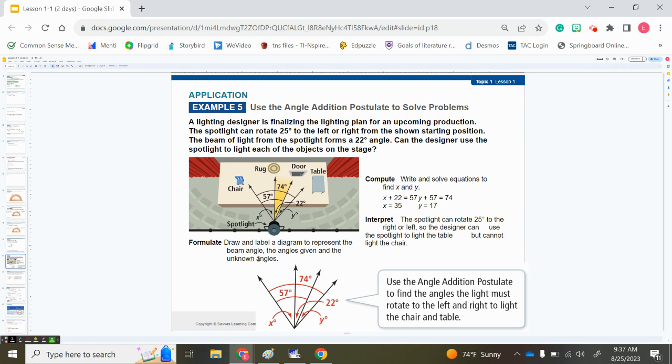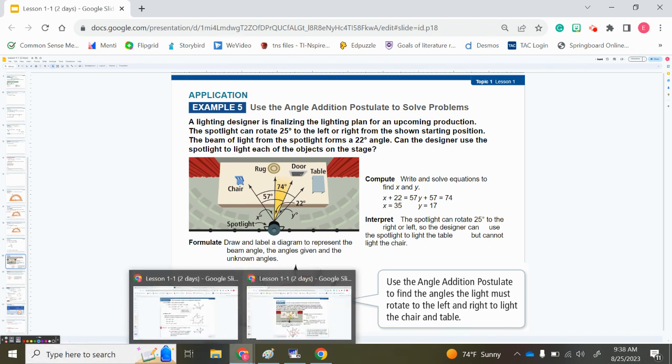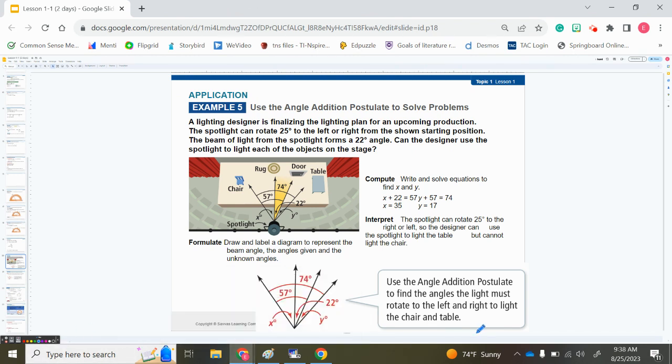All right? So what they're saying here is draw and label a diagram to represent the beam angle, the angles given, and the unknown angles. So in this case, this is the picture you're going to want to copy down for this example. We're going to do this again, so I'll leave that one up to you. But one thing I always like to do is highlight what I've got. So if I want to solve for x first, I'm going to highlight this angle going to this angle.